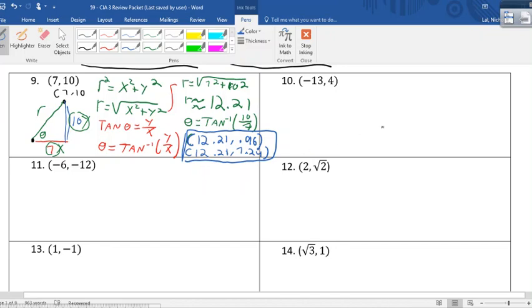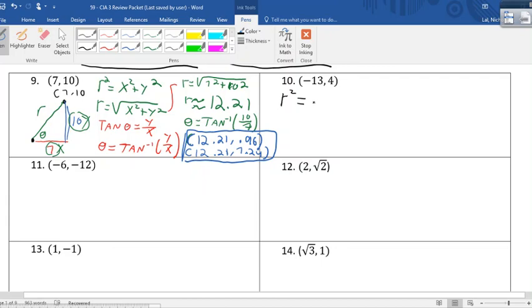All right. With 10, we can look at finding polar coordinates for different quadrants and also different ways of representing polar coordinates. So r squared is going to be relatively simple. r squared is equal to x squared plus y squared. It's going to be equal to negative 13 and 4.